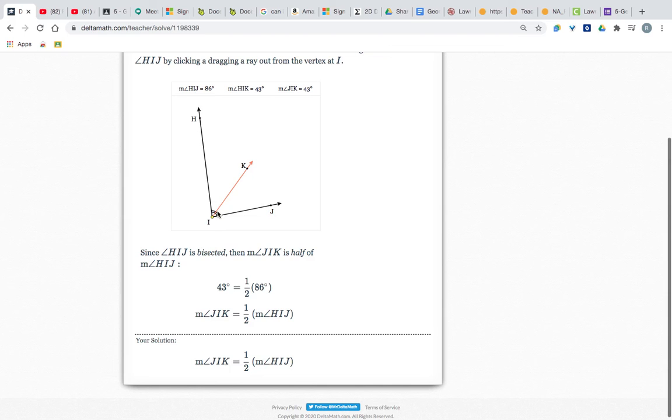But if you have trouble reading them and you don't understand them, just remember the middle letter of your angle is the vertex, and you just trace the line from one to the other. But even on these problems, even if you don't know which angle's which, it gives you the number values up here. So it says basically if you plug it in, it's 43 degrees equal to half of 86 degrees. Yeah, it is. And that's all there is to it.